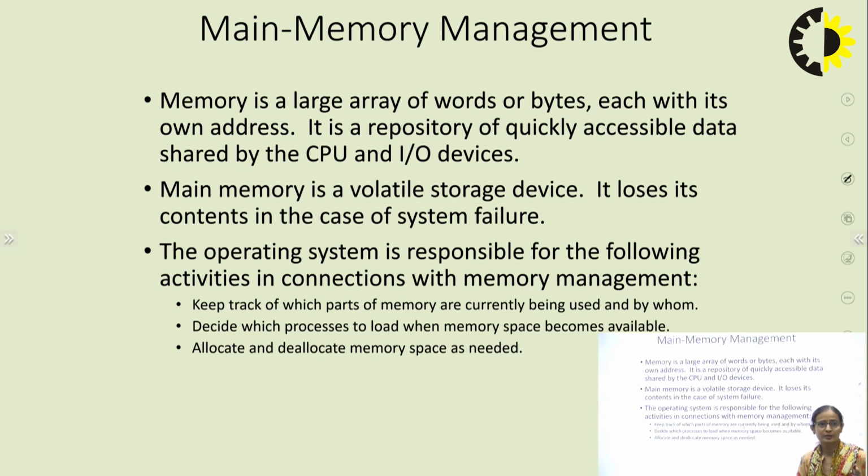The OS is responsible for the following activities in connection with memory management. What are these activities? It keeps track of which parts of memory are currently being used and by whom, decides which process to load when memory space becomes available, and allocates and deallocates memory space as required.